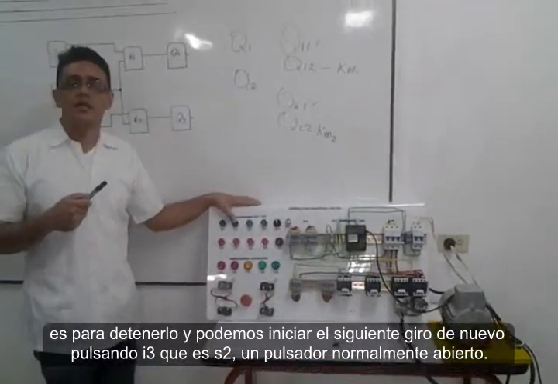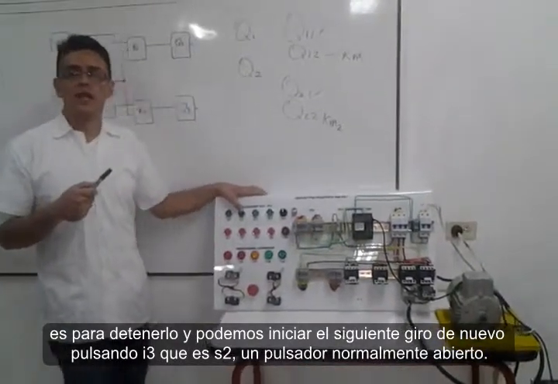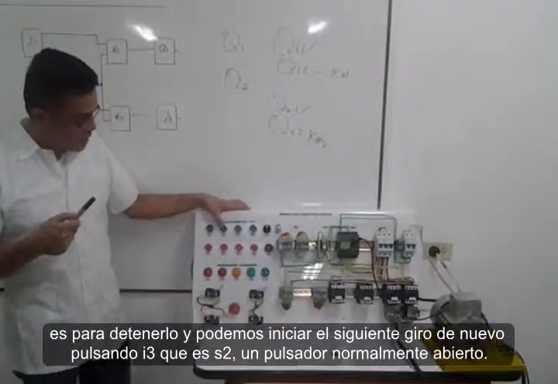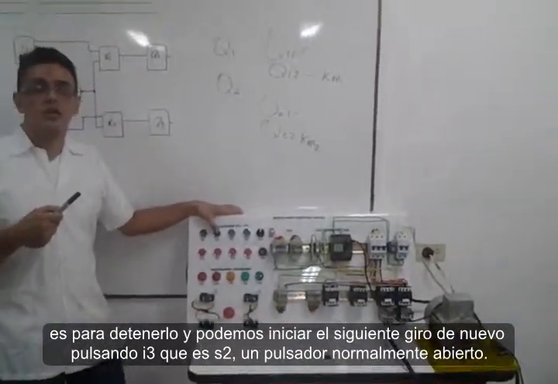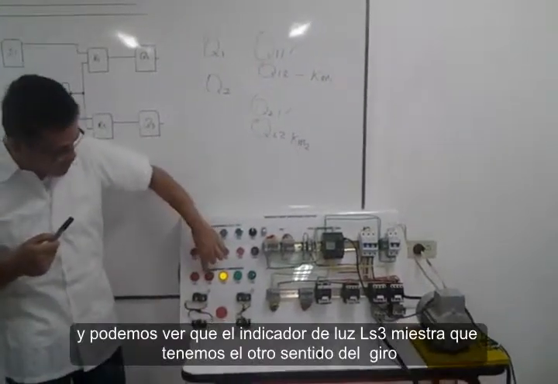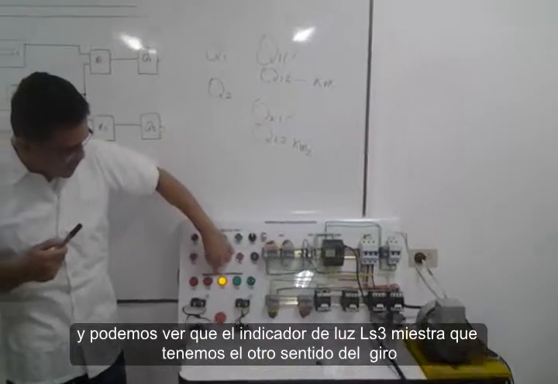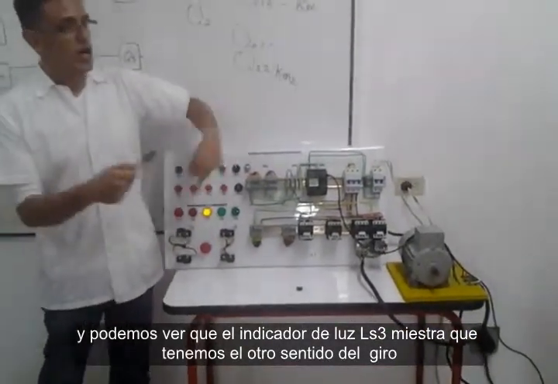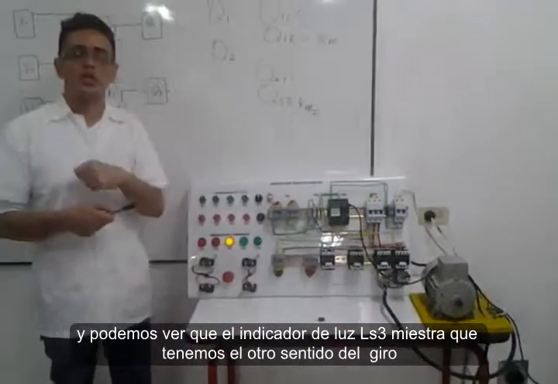And we can initiate the turn in the other direction with I3, that is our input S2, a normally open push button. And so we can see that the light indicator LS3 shows that we have the other sense of the turn.